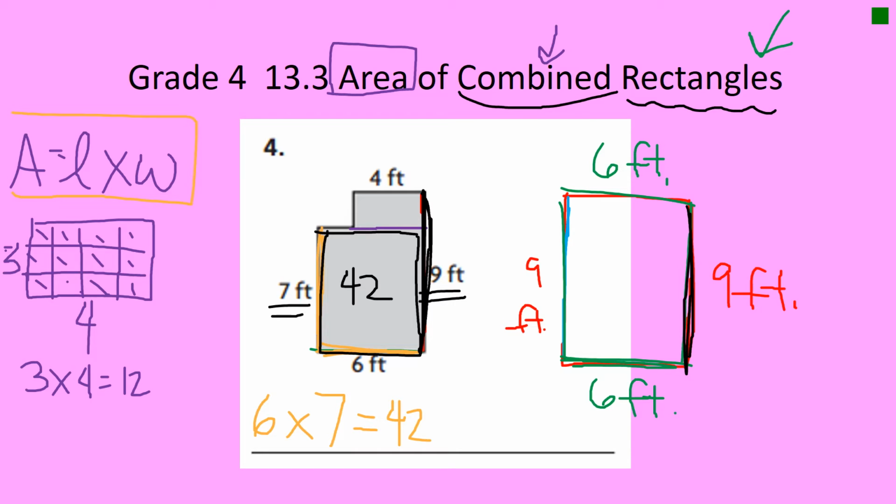That rectangle is 6 feet by 7 feet, 42 square feet. So now we have this one up here. We know one of the dimensions, it's 4 feet long, but we don't know the width of this rectangle. We know it's 4 feet long, but we don't know how wide it is.